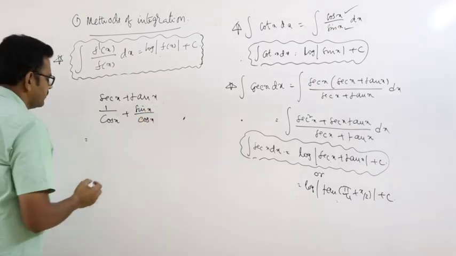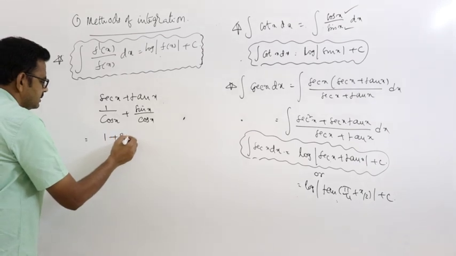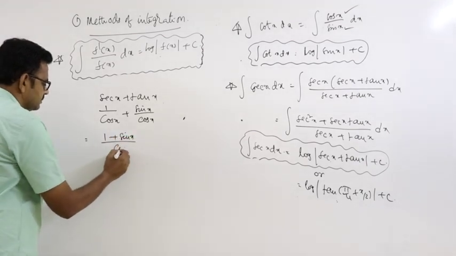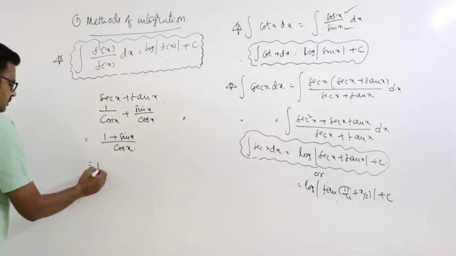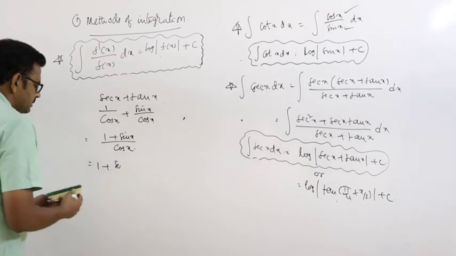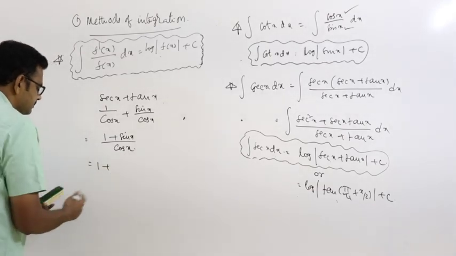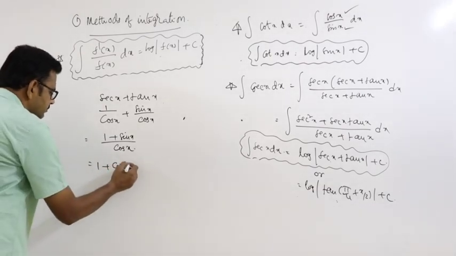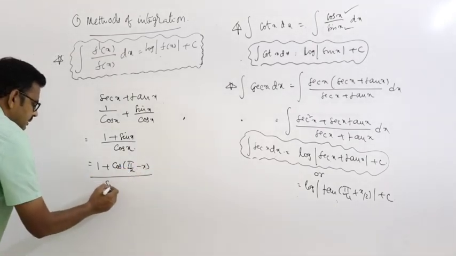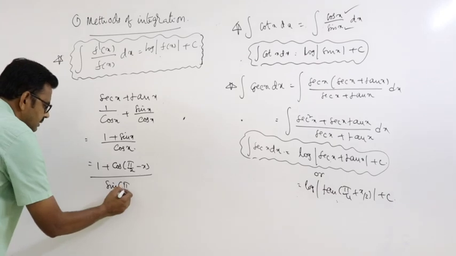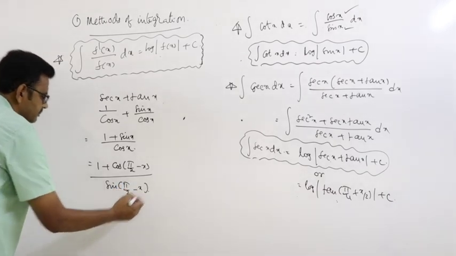This is 1 plus sin x by cos x. That is 1 plus, this sin x can be written as cos of pi by 2 minus x, and cos x can be written as sin of pi by 2 minus x.